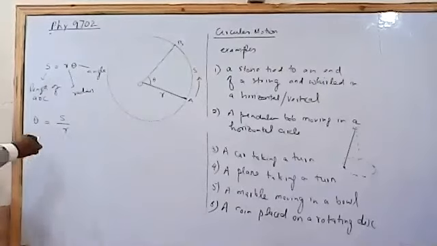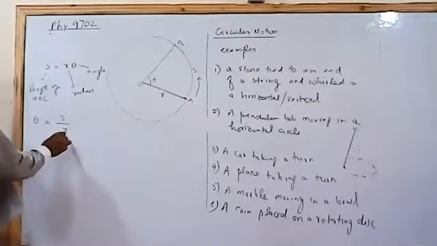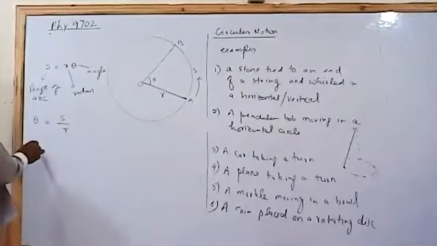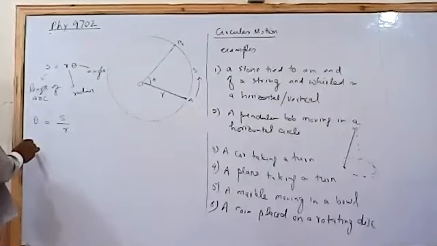If S is exactly equal to R for a certain position from A to B, theta is said to be exactly 1 radian.